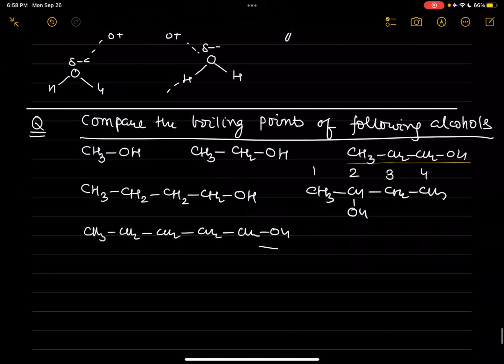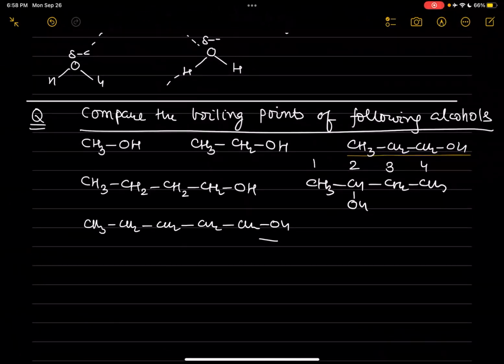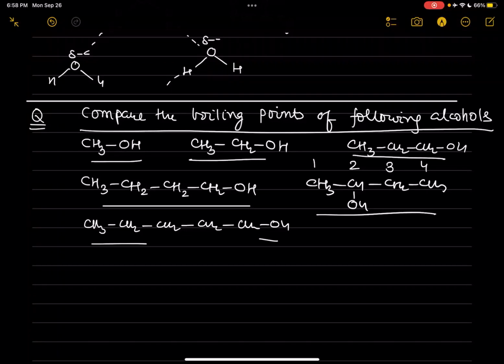So we just need to compare the boiling points. I'm just asking the question. You need to arrange them in increasing order of boiling points. Methanol is there, ethanol is there, propanol, and this is 1-butanol, this is 2-butanol, and this is pentan-1-ol.